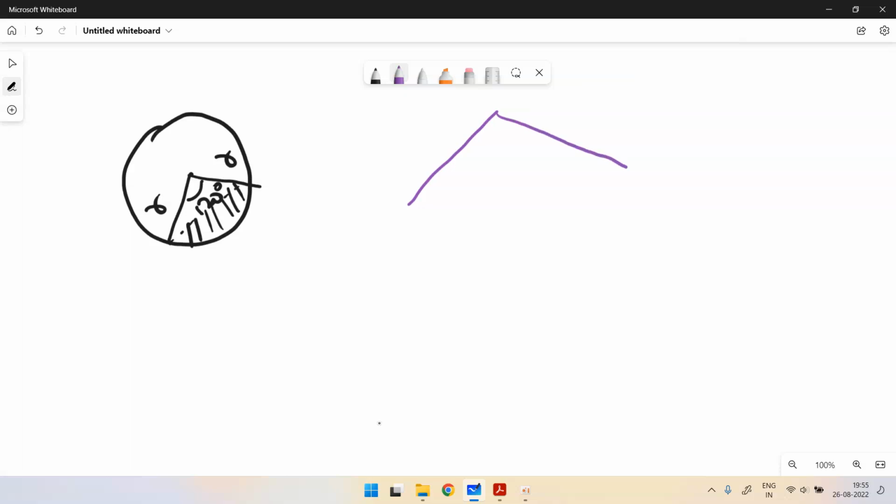Suppose taking this part, to find the area of this, I'm taking this angle as theta degree. This you know, this is radius r.